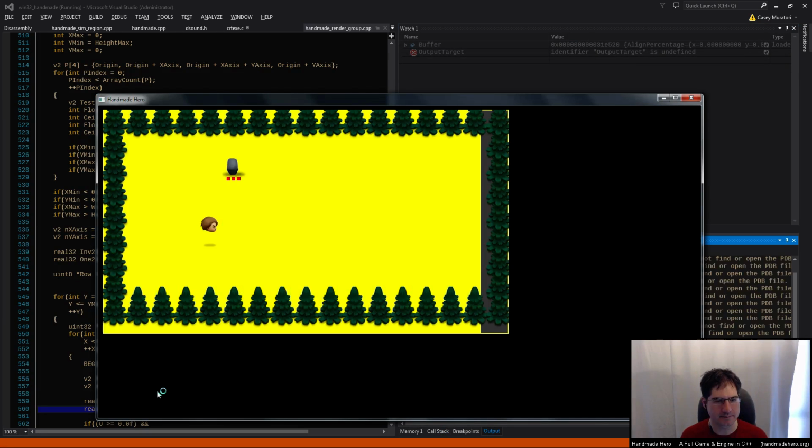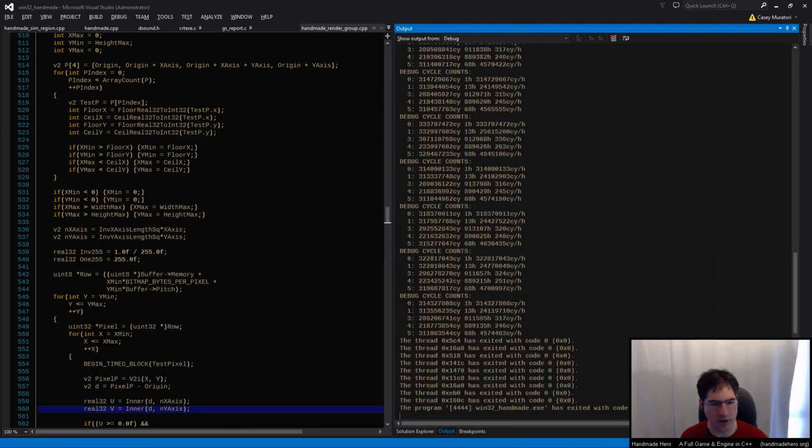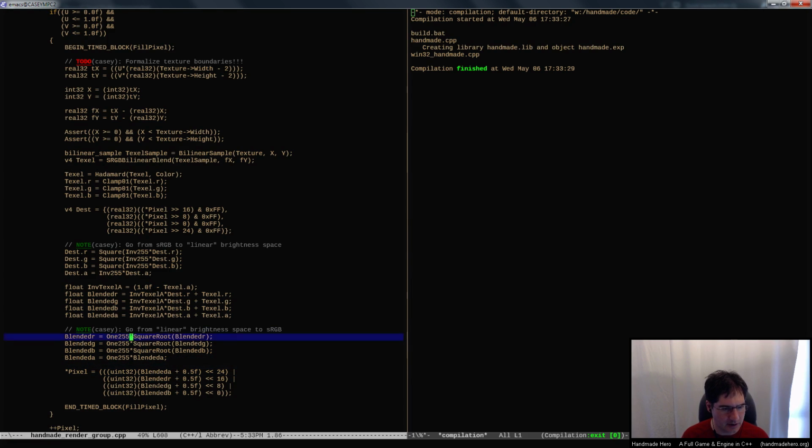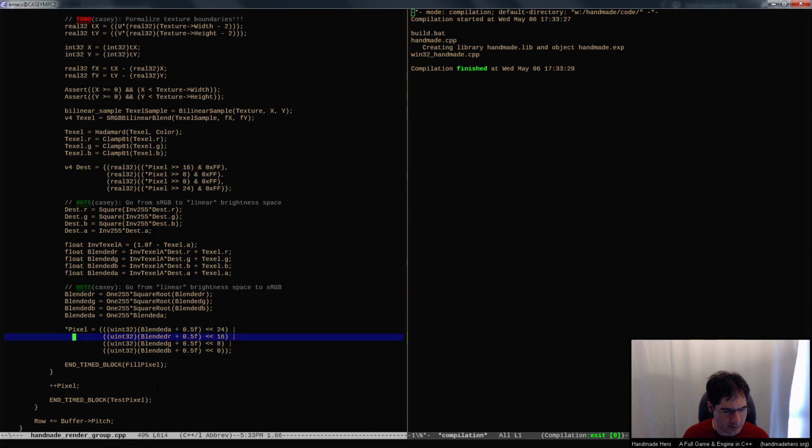All right, so again, no change. Everything's good. Let's take a look up at, we probably need to start taking a look at the bilinear blend here, because it doesn't look like there's a whole lot else that we can actually focus on. So we're starting to see this code blown out to everything that it actually needs to do.